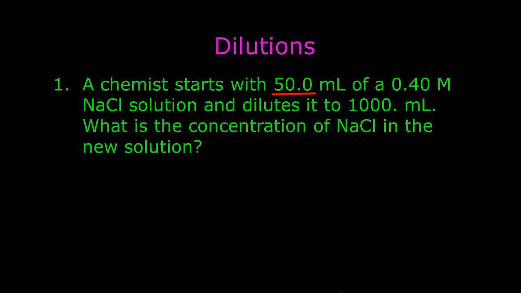A chemist starts with 50 milliliters of a 0.4 molar NaCl solution and dilutes it to 1,000 milliliters. What is the concentration of the sodium chloride in the new solution? This first one, 50 milliliters, that is a volume, and it is V1.